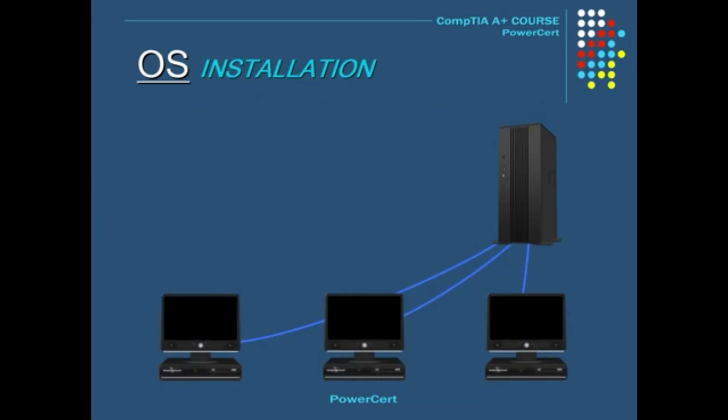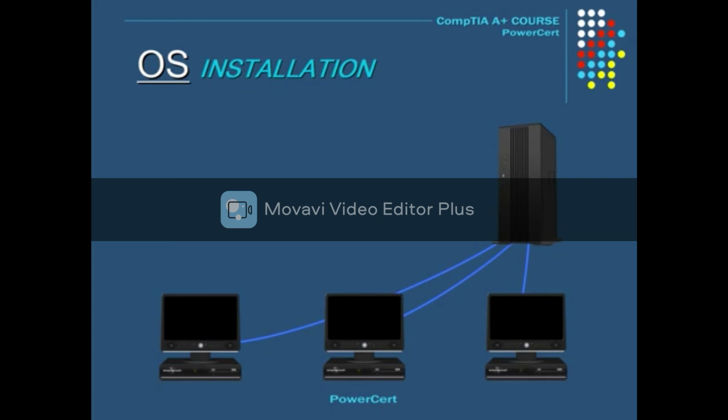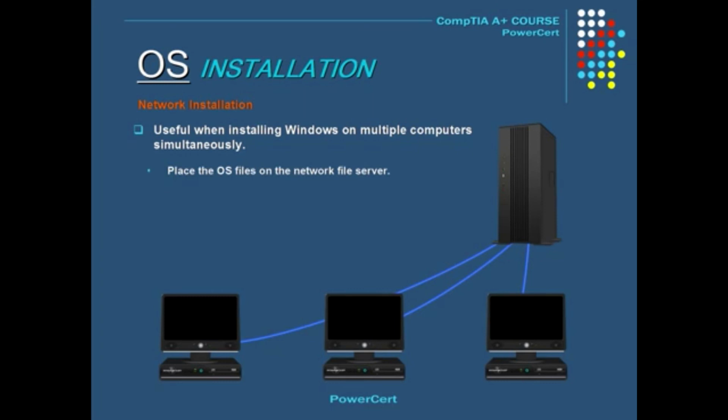In addition to using the Windows disk to install the operating system, there is also a way to install over a network. A network installation is useful when you are installing Windows on multiple computers simultaneously. So this is basically done by first placing the necessary operating system installation files on a network file server inside a shared folder.